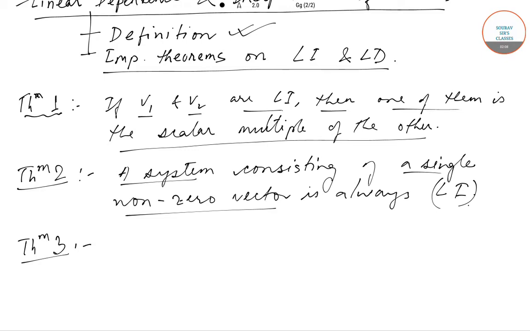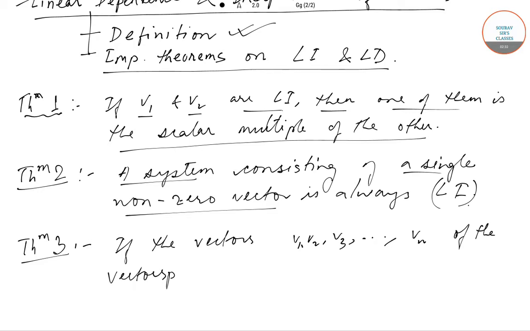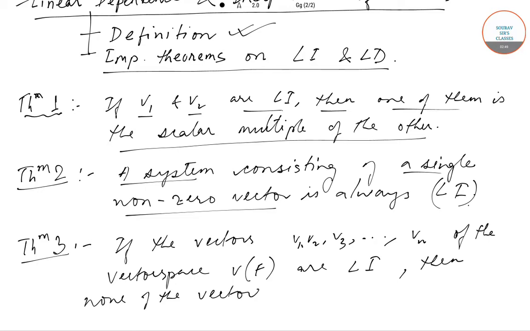Now let's move on to theorem 3. In theorem 3 it has been said that if the vectors v1, v2, v3 up till vn of the vector space Vf are linearly independent, then none of the vectors can be a zero vector or equal to 0.